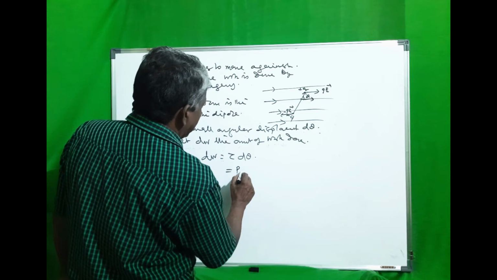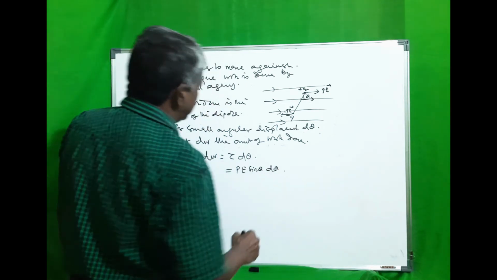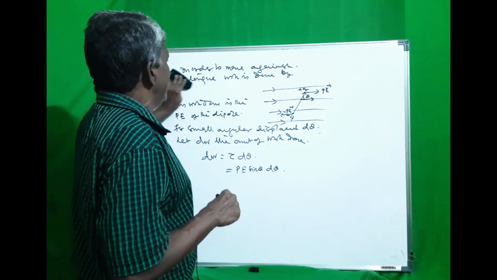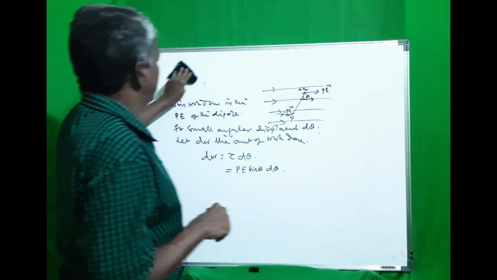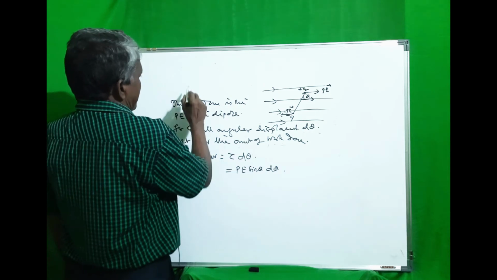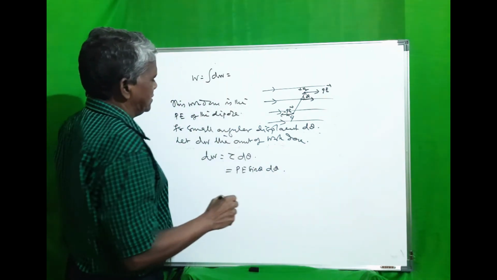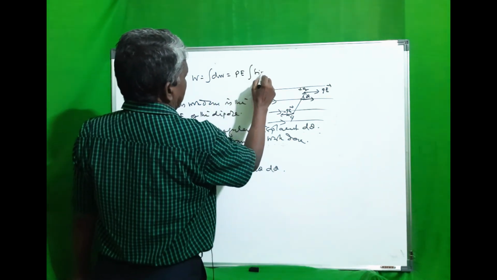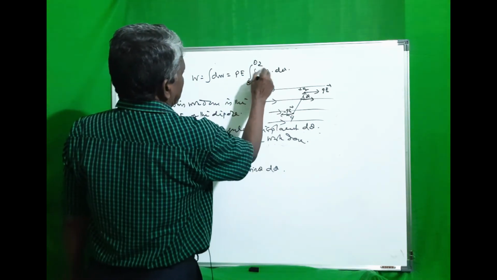Tau is equal to P cross E, or PE sin theta d theta, where P is the dipole moment and E is the electric field intensity. Or W is equal to the integration of dW, that is PE sin theta d theta. Suppose it is moved from angle theta 1 to theta 2.